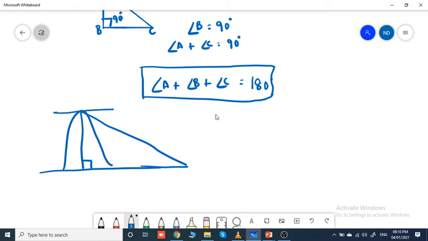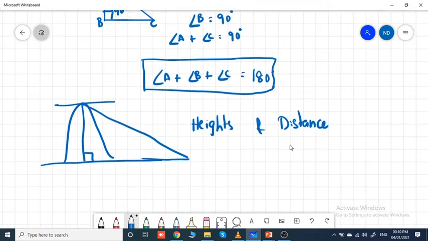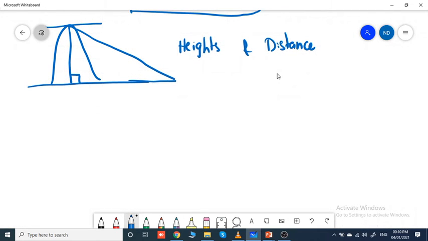By using this right angle triangle concept, and the concepts of heights and distances, they can identify the height of Mount Everest. Like that, whatever it may be, they can easily find its height using trigonometry. If anyone is going into civil engineering, this is very important.